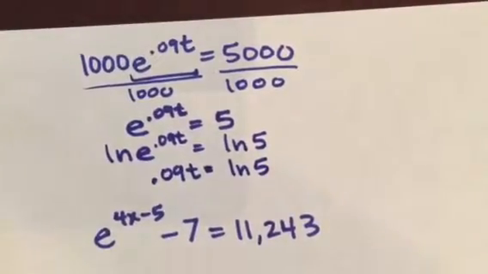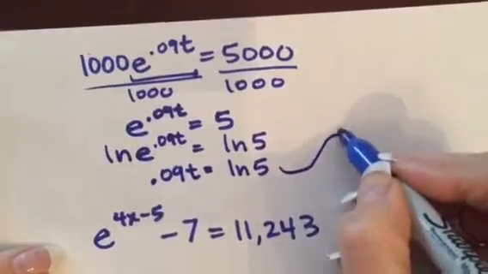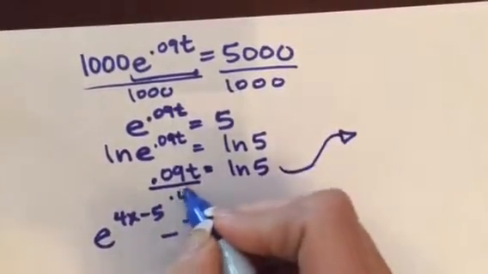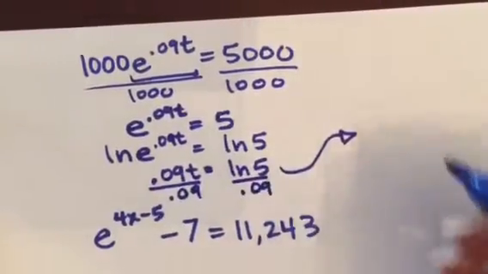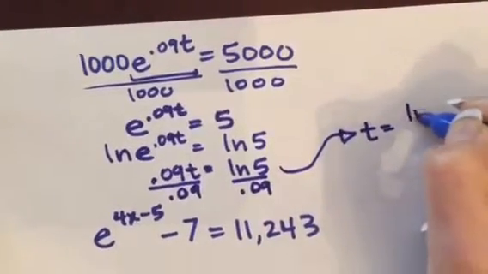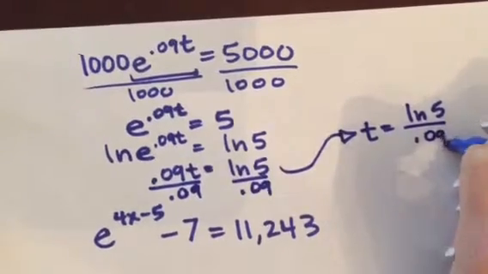And then to isolate my t, I'm going to divide both sides by 0.09. All right, and we get t is equal to ln of 5 divided by 0.09.